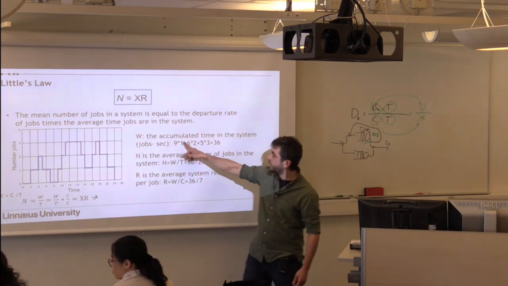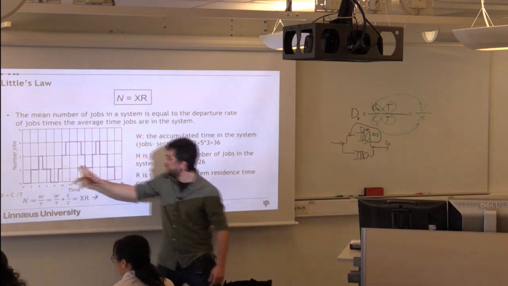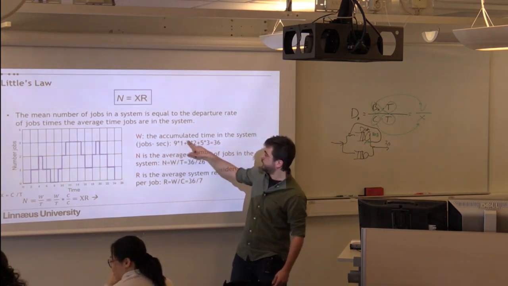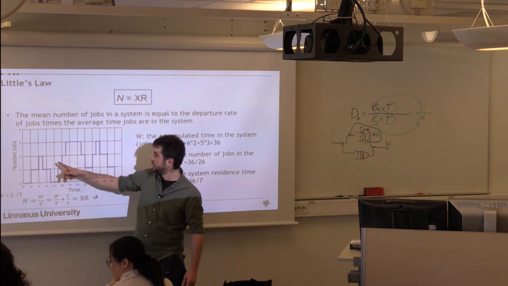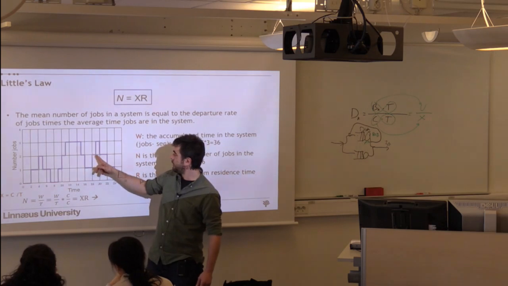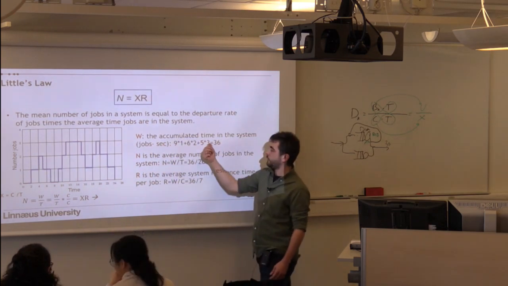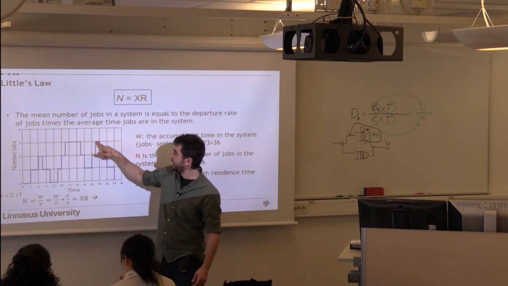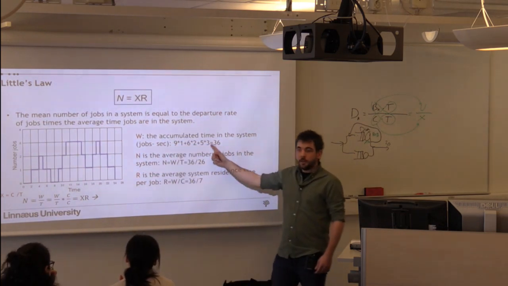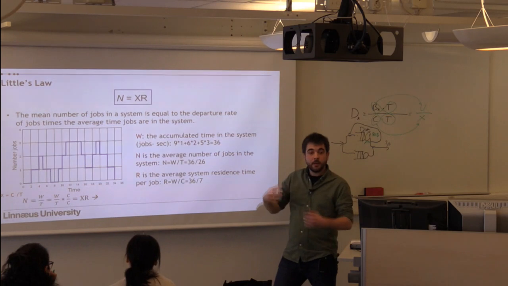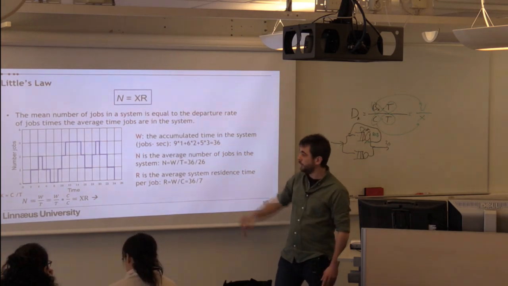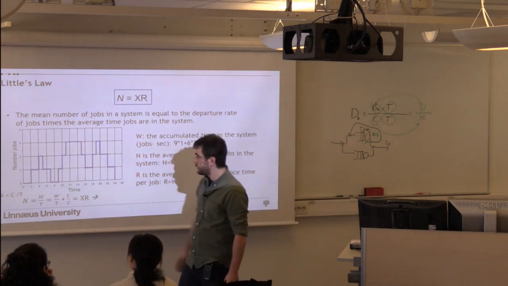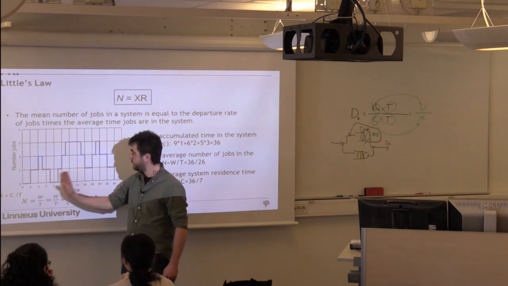Here there are 9 elements with value 1, 6 with value 2, 1, 2, 3, 4, 5, 6, and 5 with value 3, 1, 2, 3, 4, 5. So the accumulated time in the system by all jobs is 36, which is the area below the curve.